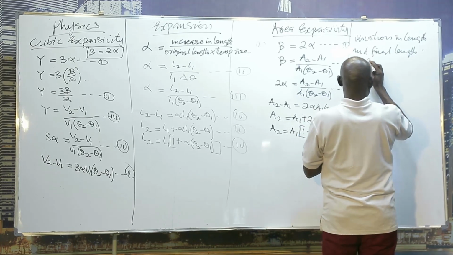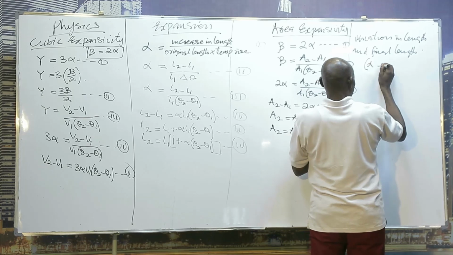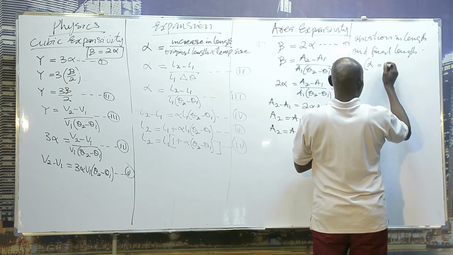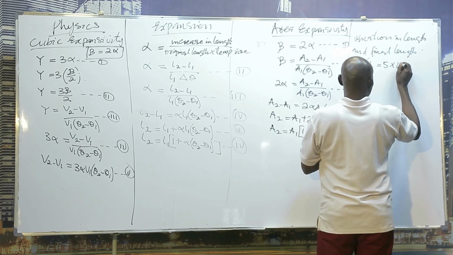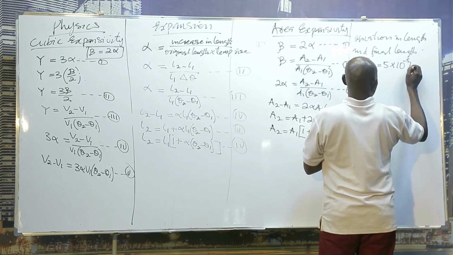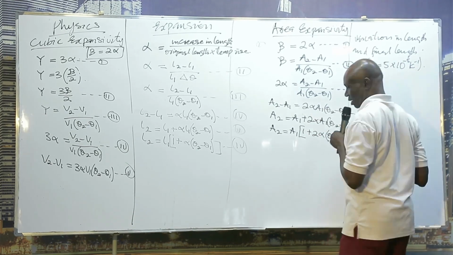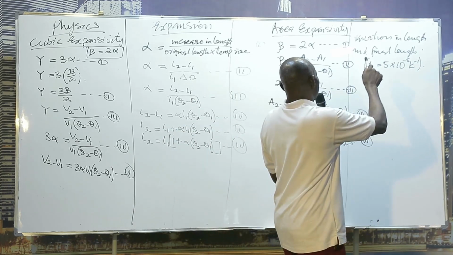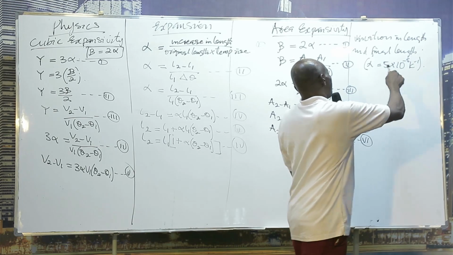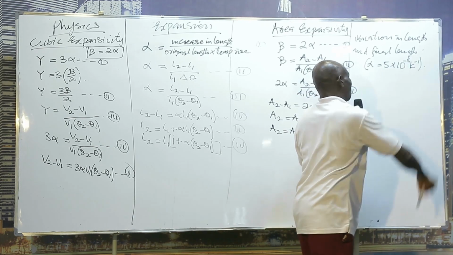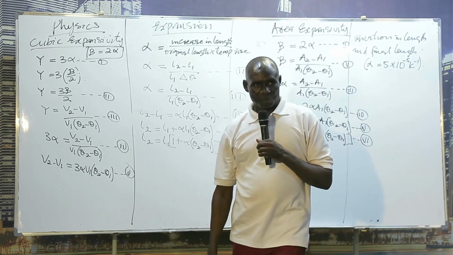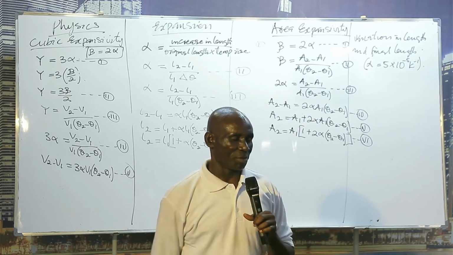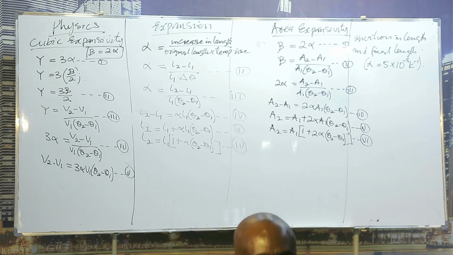In bracket, alpha equals 5 times 10 to power minus 5 per Kelvin. Close the bracket and solve. See it on the board. 5 times means exponential, 5 exponential minus 5 per Kelvin. EXP exponential. Per Kelvin. Full stop.